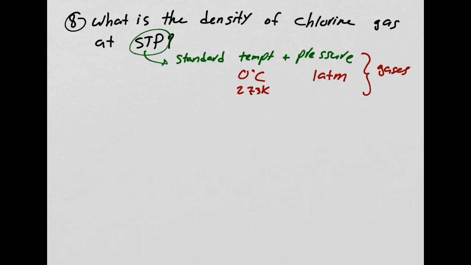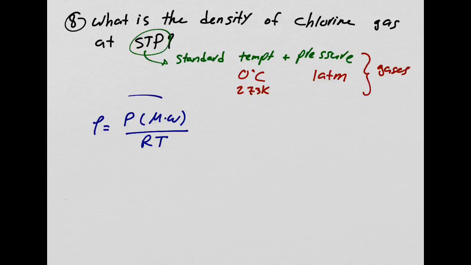Okay. What is the density of gases? Now here is the formula for density of gases. Density of gases is equal to pressure times molecular weight over RT. That's the formula for density of gases.